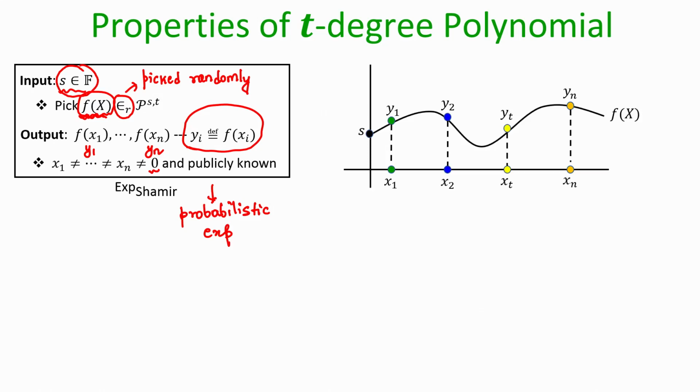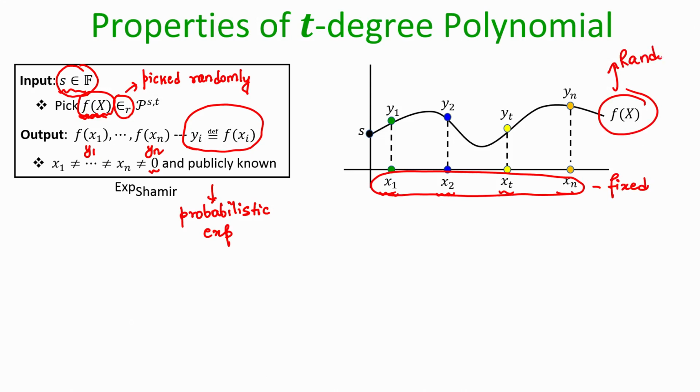Even though the x values x1, x2, xt, xn are fixed for each instance of the experiment, since my polynomial f of x is randomly chosen, my outputs y1, y2, yt, yn can take different values with different probabilities.